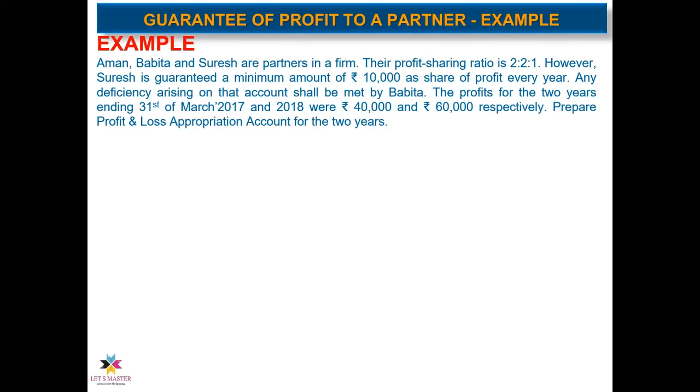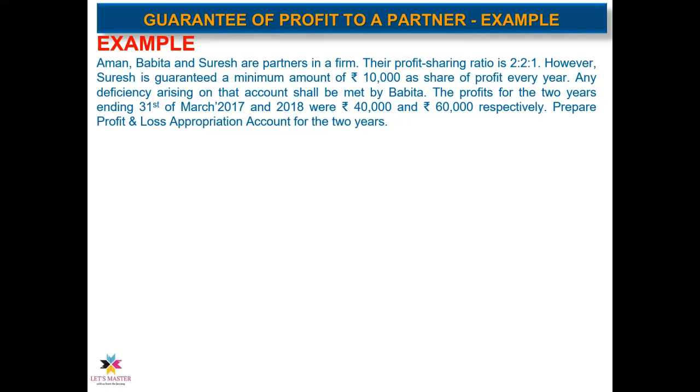And if the share of profit for Suresh is less than 10,000, then the deficit would be paid by Babita. So for example, if the amount of share in profit for Suresh is 9,000, then there is a deficit of 1,000. So that 1,000 would be paid by Babita to Suresh.